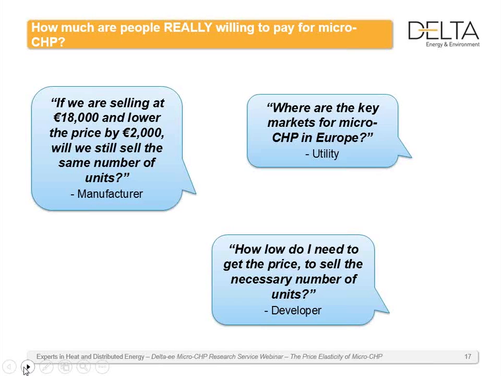Micro-CHP is generally inelastic at higher prices, but becomes increasingly elastic below these price ranges. So we have a few charts that we'll introduce in a moment.